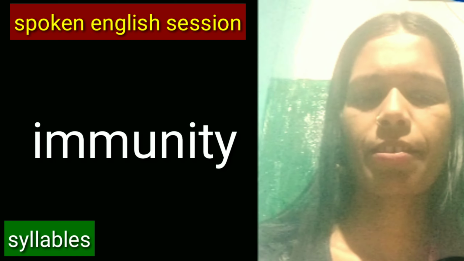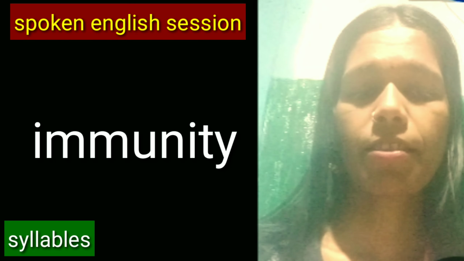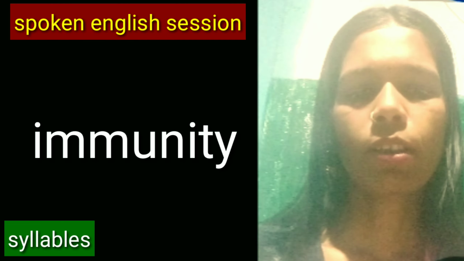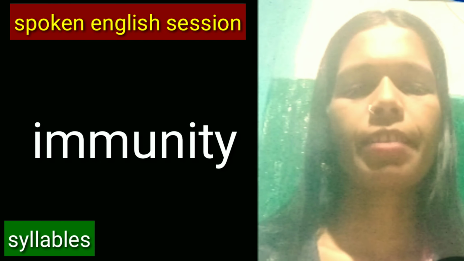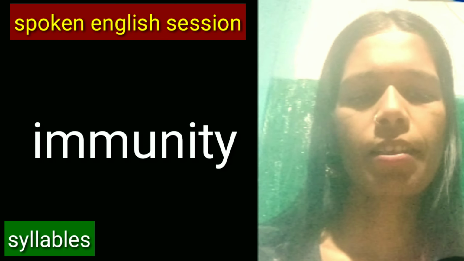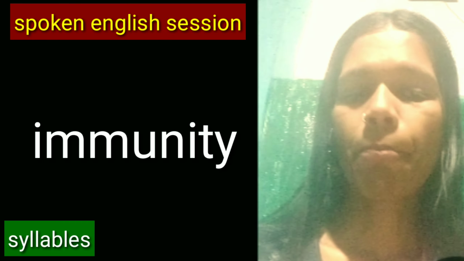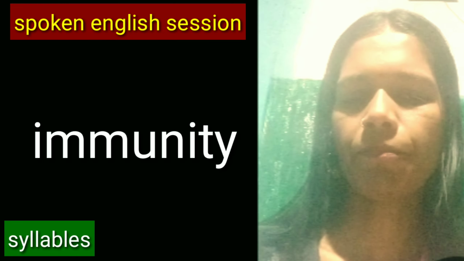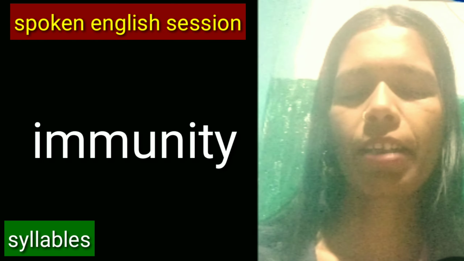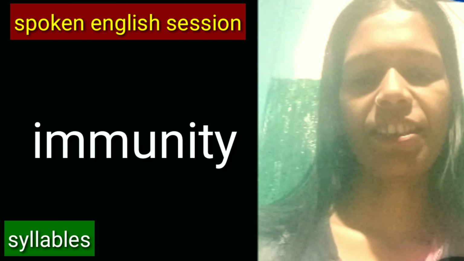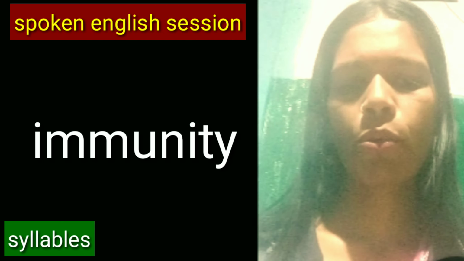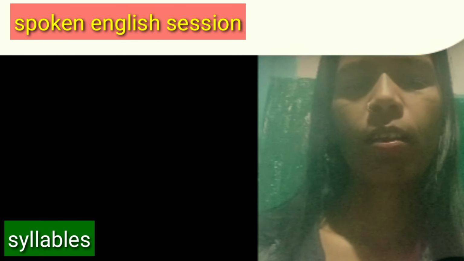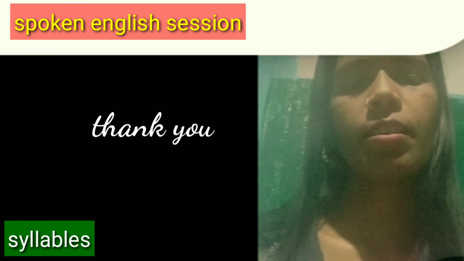Yes, my dears, you are right. So the thing is, y is not a vowel, but the sound of y comes as a vowel. You see, in immunity, the E sound is there. So sometimes when the y is coming, then we have to admit it in four.